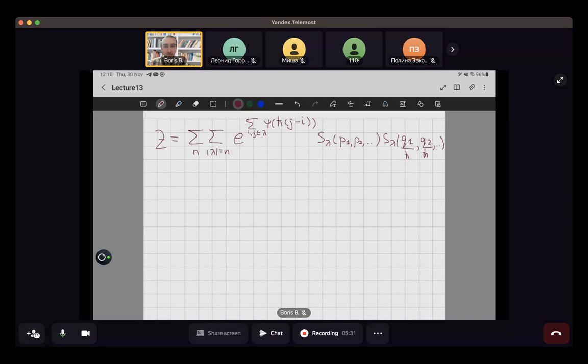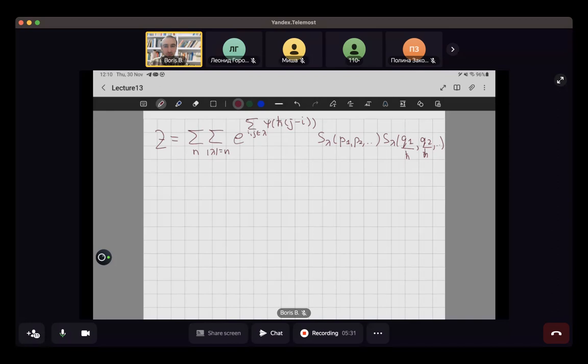We have this calligraphic F space. It's the vector space of infinite power series.